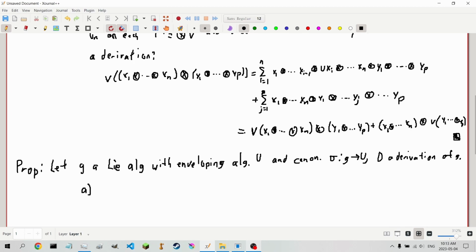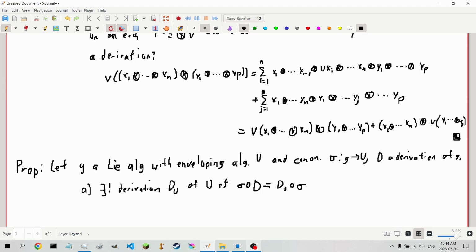First off, we can find a unique derivation du of U such that taking our base derivation on G and then sending that into U is the same thing as taking the element into U directly and then doing this new derivation.